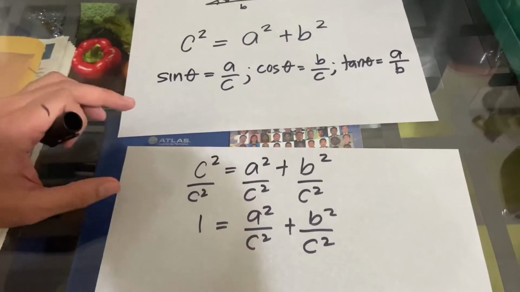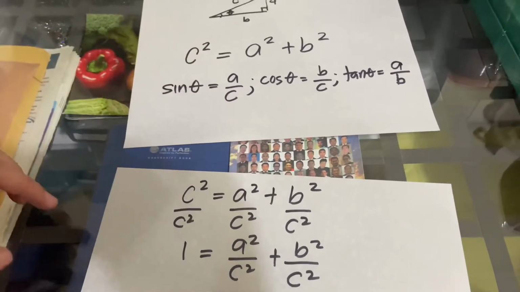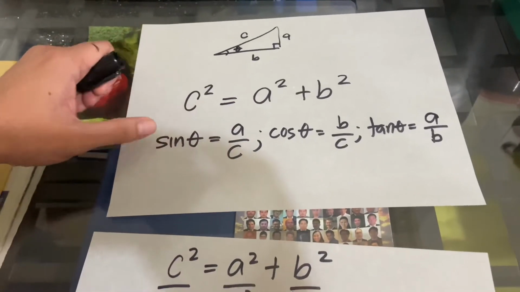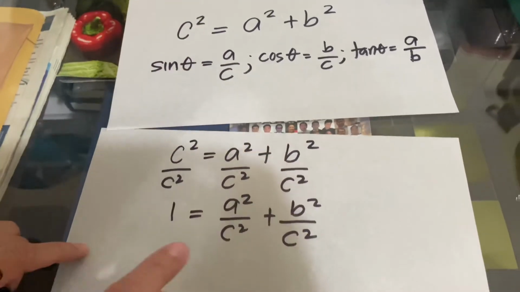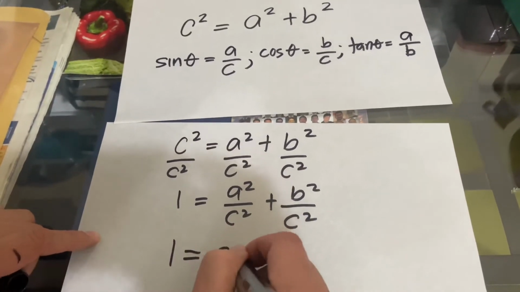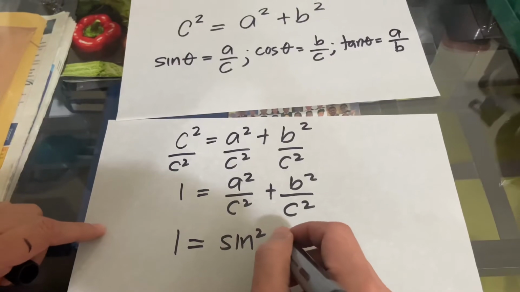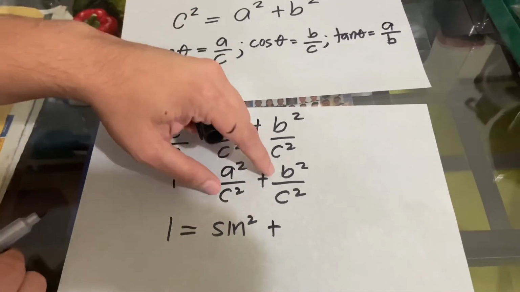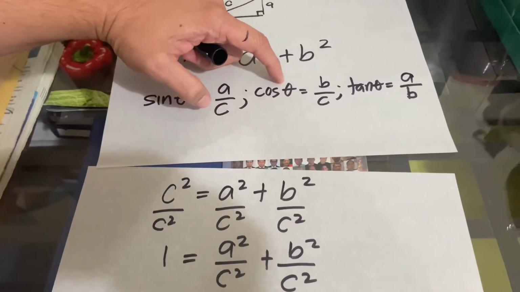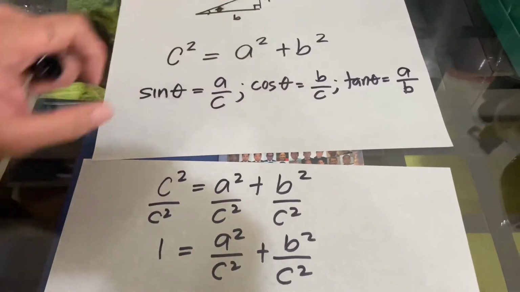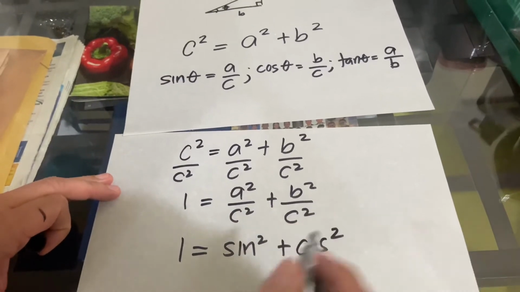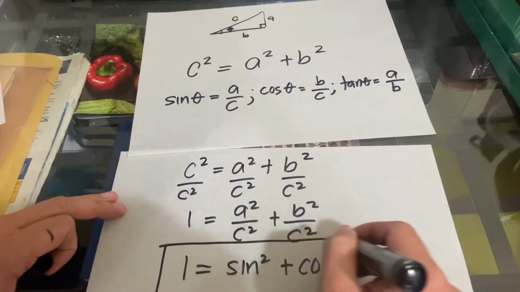We know for a fact that a over c is sine, so a squared over c squared is sine squared. So 1 is equal to sine squared plus, b over c is cosine, so if you square that, you'll have cosine squared.